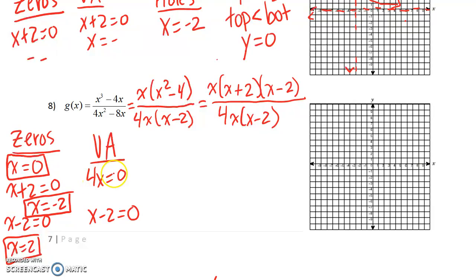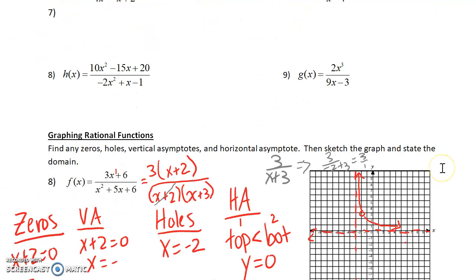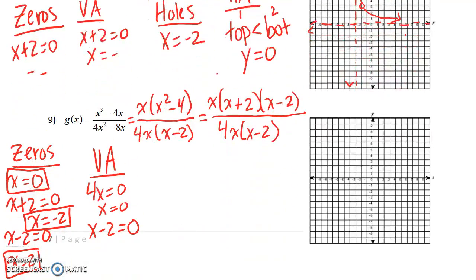Solving that, we divide both sides of 4x equals 0 by 4, and you get x equals 0. Sorry about that. So x equals 0 is one of our vertical asymptotes, which means our function will be undefined at x equals 0. And when I look at x minus 2, I solve that for x, and I get x equals 2.